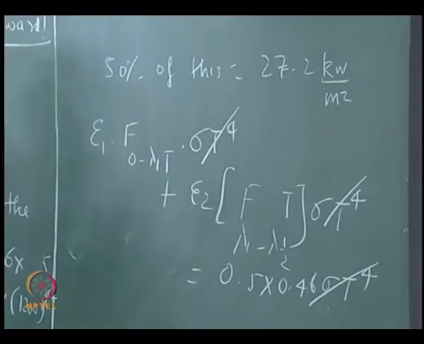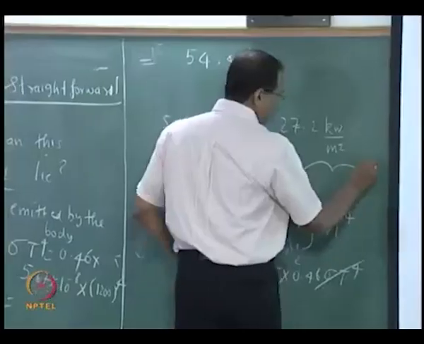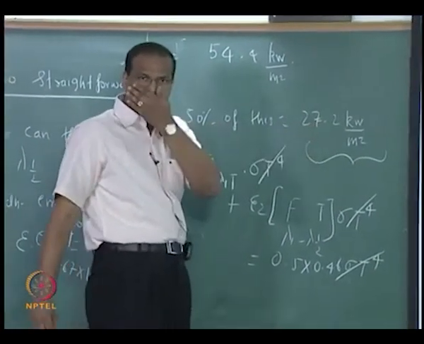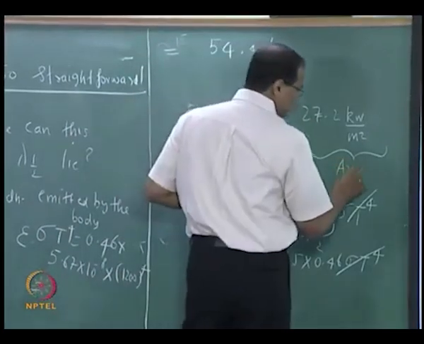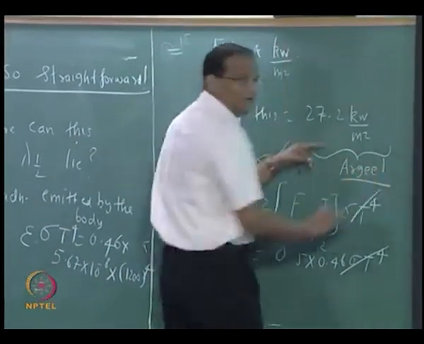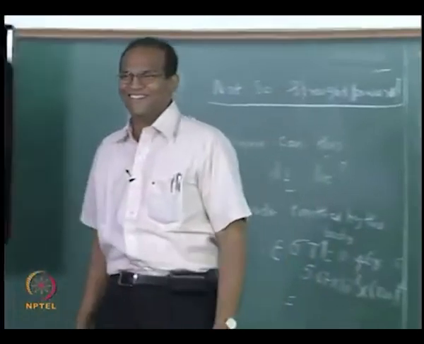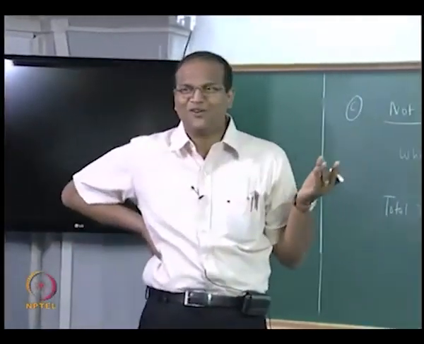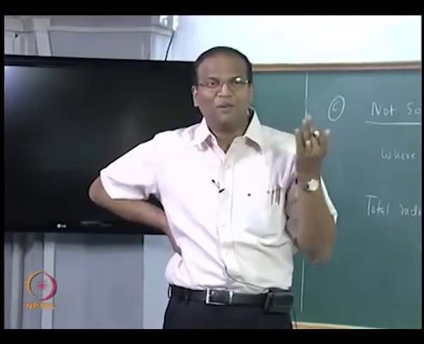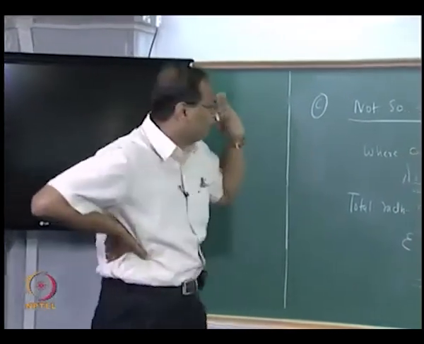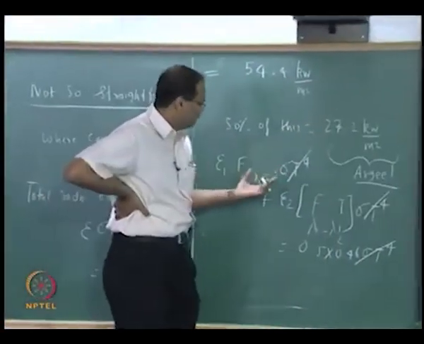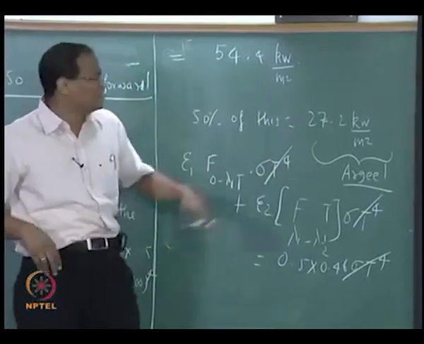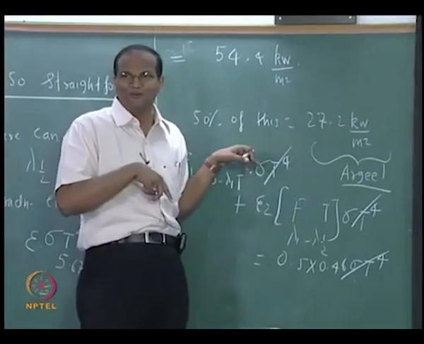Okay. So what happens to this? I am not going to use this 27.2. If some people want to be clinically perfect, please keep this 27.2, multiply each of these terms by sigma T to the power of 4 and proceed. It will give the same answer. But the danger there is that when you do sigma T to the power of 4, you may make some more mistakes.